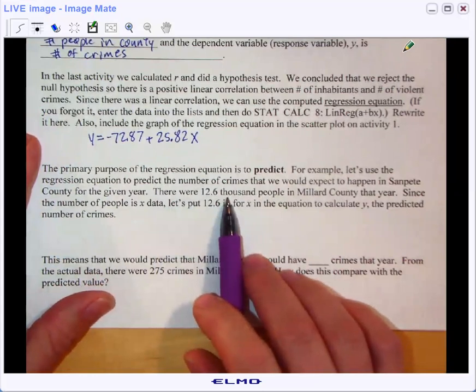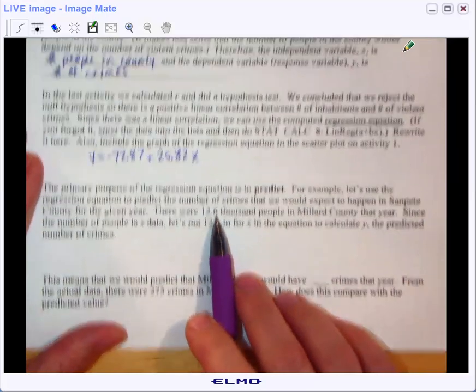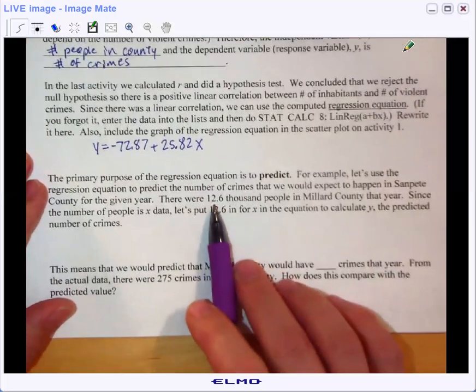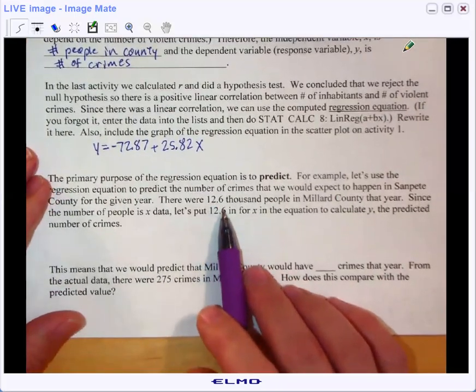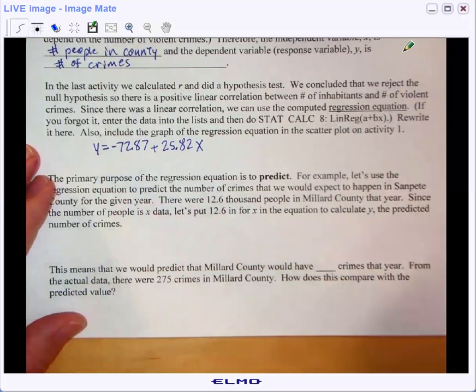Now, Millard County is small, and there's 12.6 thousand people, and remember that the number of people was measured in thousands, so we'll need to leave this as 12.6, and we're going to put that in for the X value, because remember, X was the number of people in the county, and Y was the number of crimes.